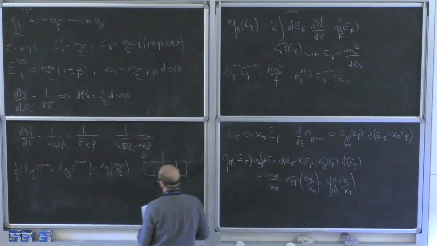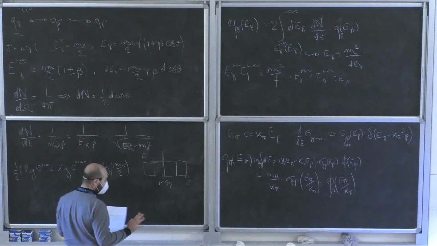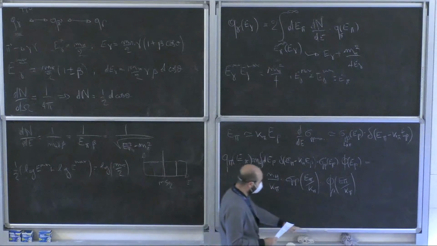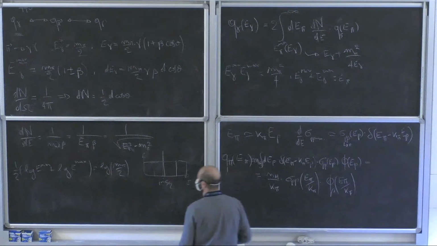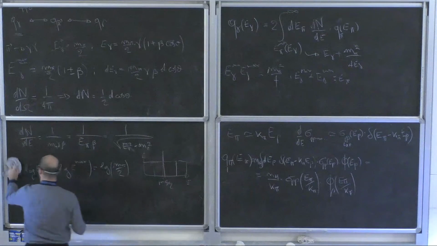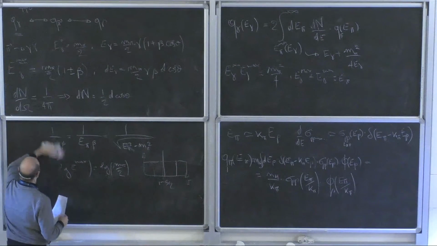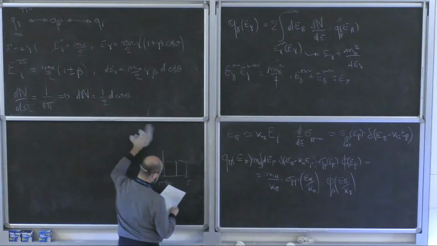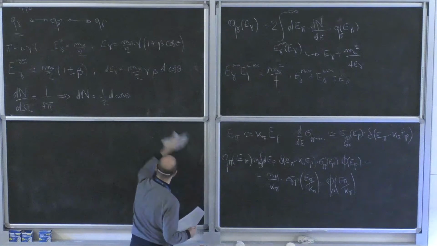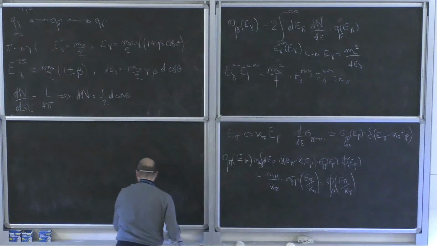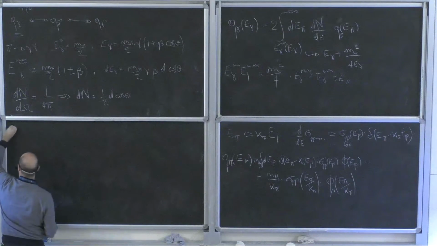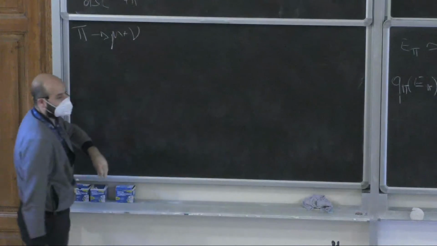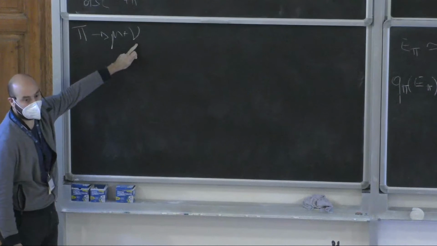Okay. We can repeat basically the same thing for the neutrinos. Let me just limit myself to the case where you have the pion going into muon plus neutrino, and let's discuss the distribution of energy of these neutrinos.